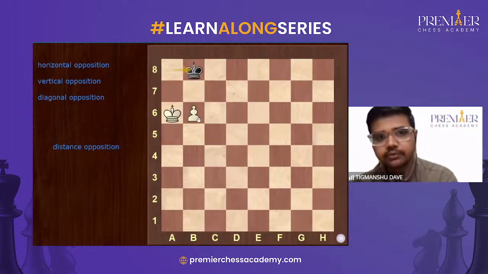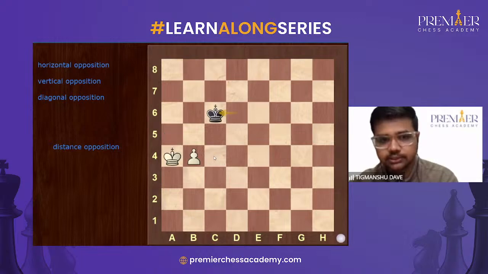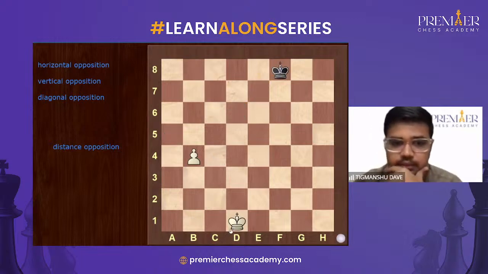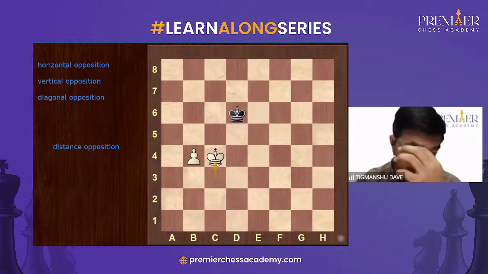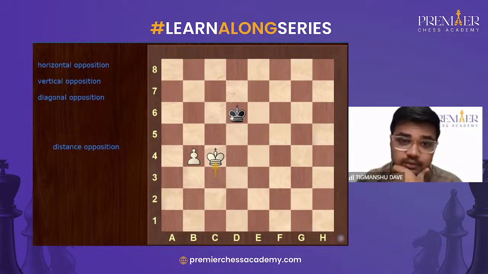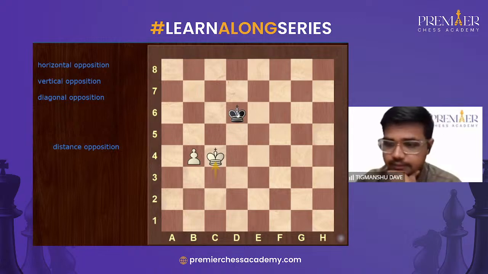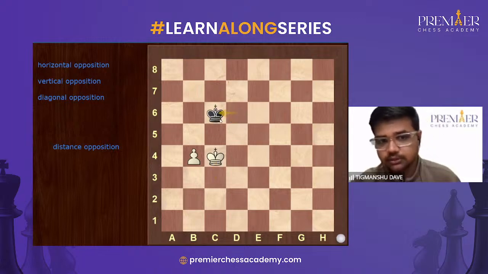Now, what will happen if we took the red path? Let's check what would have happened. King goes on d2, on c3, on c4, and you can see that black is able to draw by taking the opposition on king c6, and now the king and pawn are both together. The king is not forward, so this game will end in a draw again.